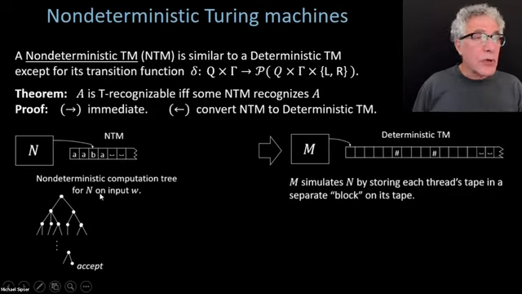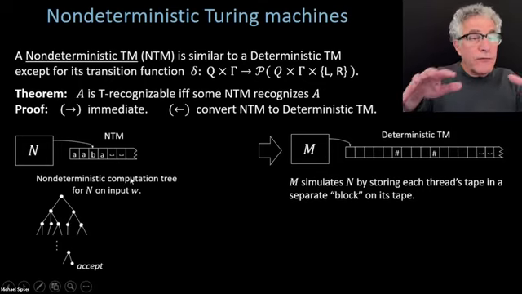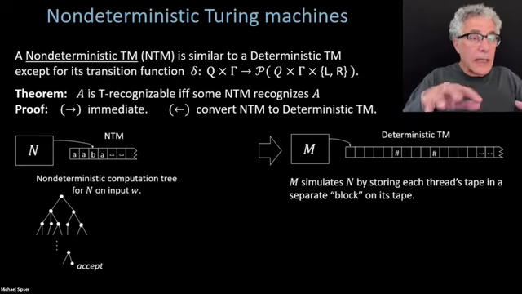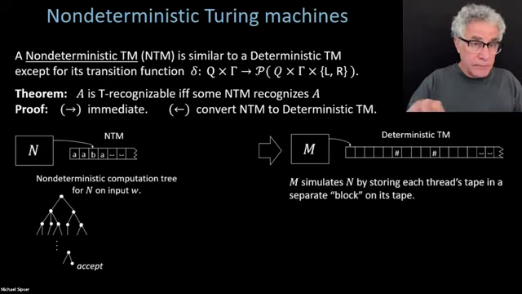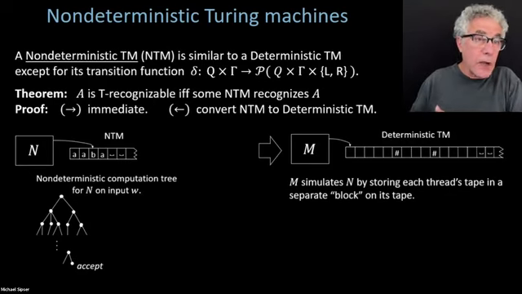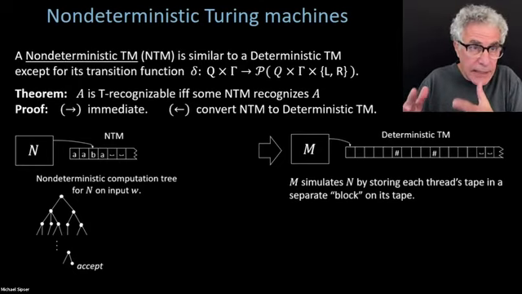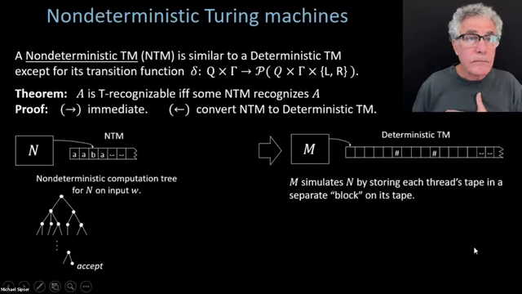So M is simulating N, doing the same parallelism, but getting the effect of the parallelism not through non-determinism, but by maintaining copies of each of the threads on its tape and then updating them accordingly. So the idea is, I think, not too complicated. Let's just see some of the details here.